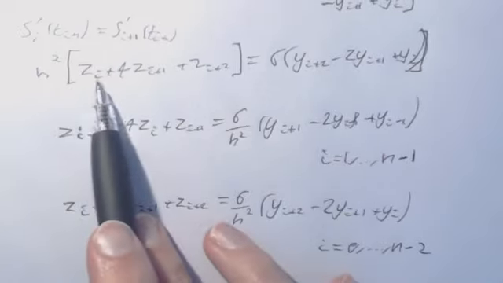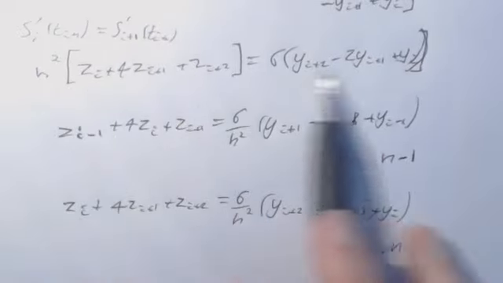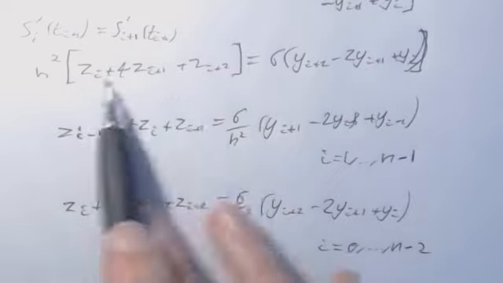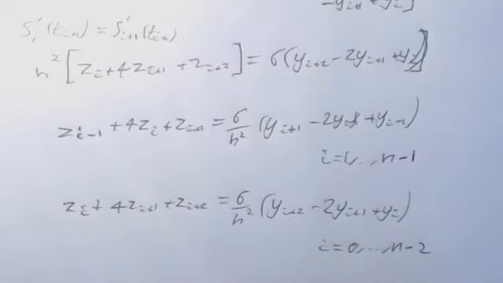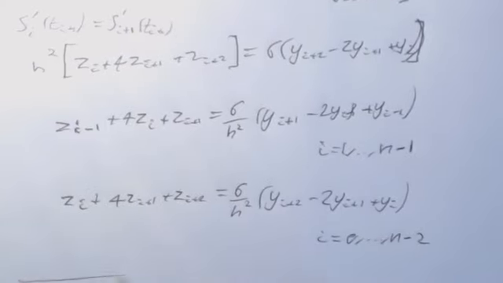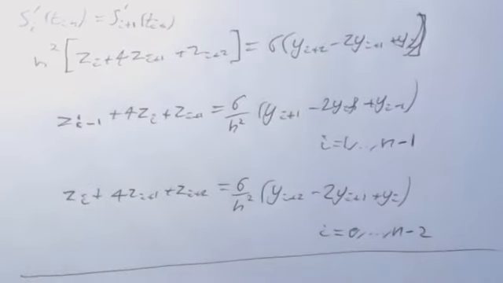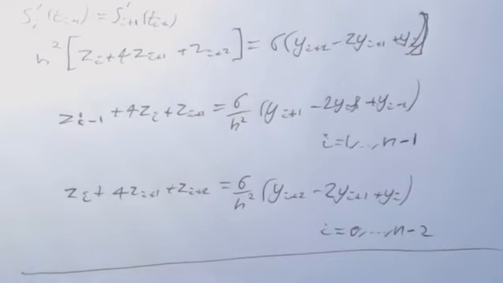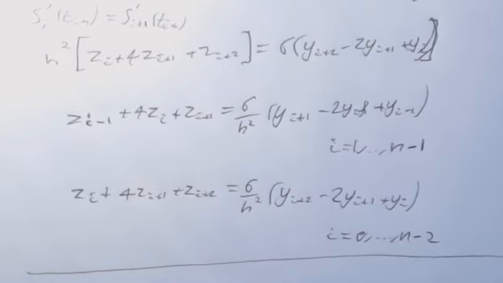And so we see that this is true, assuming this holds. So providing the z's satisfy those equations, then we do indeed have equal derivatives at all the joins.